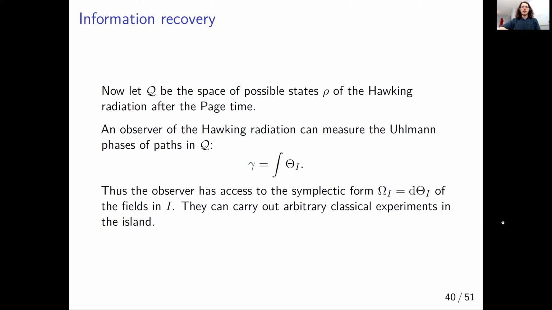And if you can measure all of the components of the symplectic form, that means you can measure all of the Poisson brackets that you want. And in practice, this means you can basically carry out arbitrary classical experiments on the island fields.